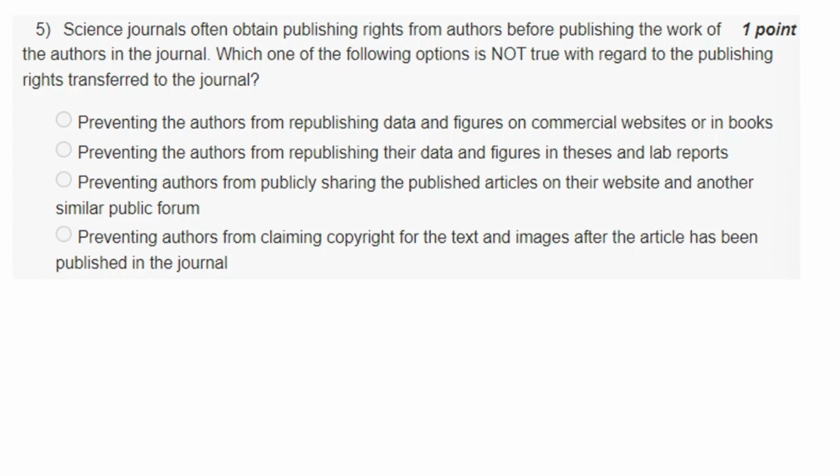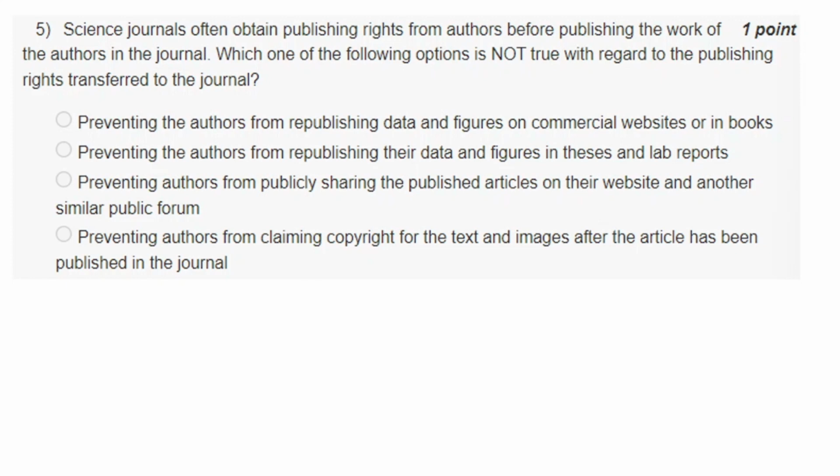So what I feel is that if you have already given the publishing rights to a journal for publication, and if that article has not been published yet, the authors should not publish their data or figures anywhere, be it a commercial website or books.